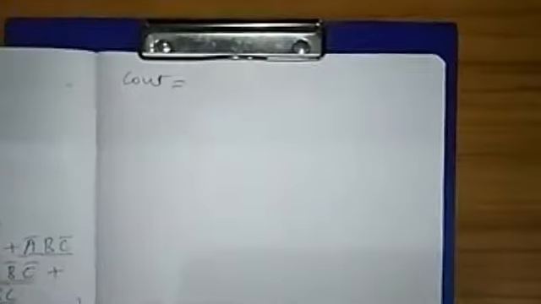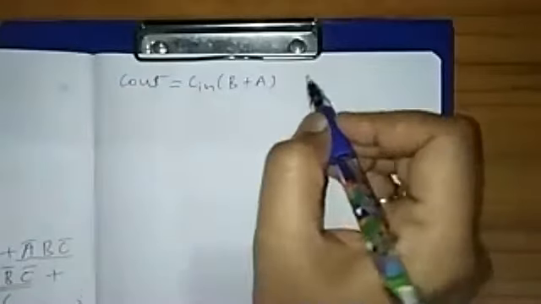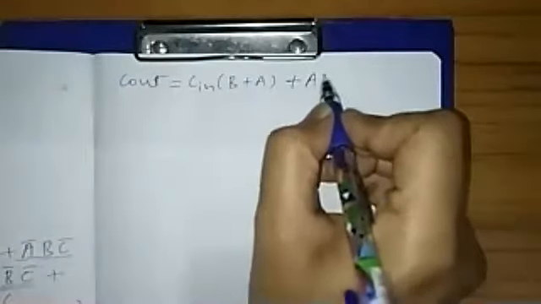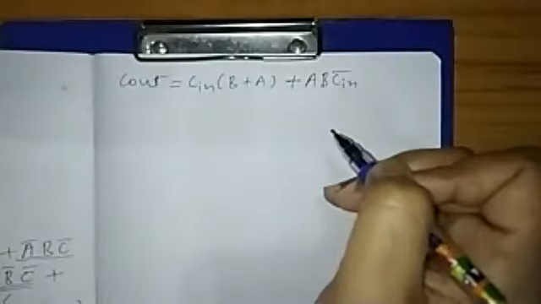C out is equal to Cin bracket B plus A I will get, and plus A B Cin bar.